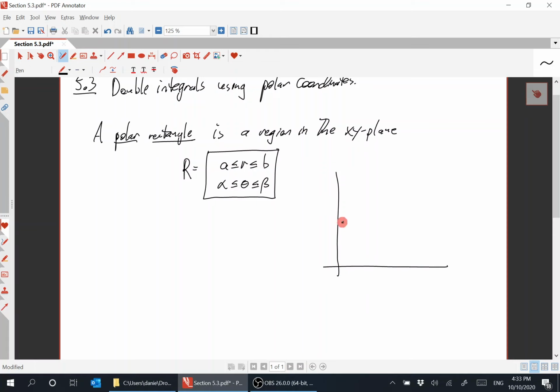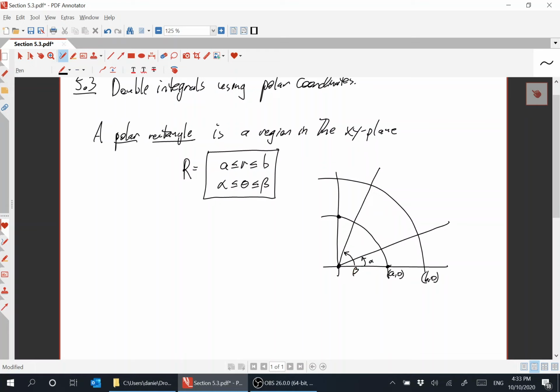So r equal to a and r equal to b, of course, are circles centered at the origin of the given radius. So that's a, 0, and then b, over here perhaps, b, 0. And then angles alpha and beta are represented by lines from the origin, having rotation alpha and rotation beta.